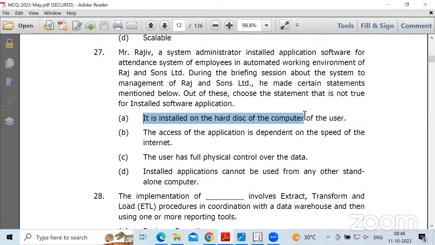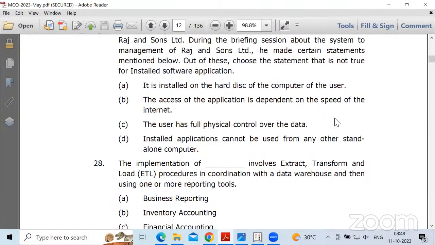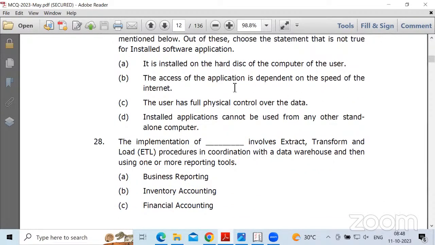It is installed on the hard disk of the computer. Yes, any software will be installed on the hardware. The access of the application is dependent on the speed of the internet. The user has full physical control over the data. Installed applications cannot be used from any other standalone computer.